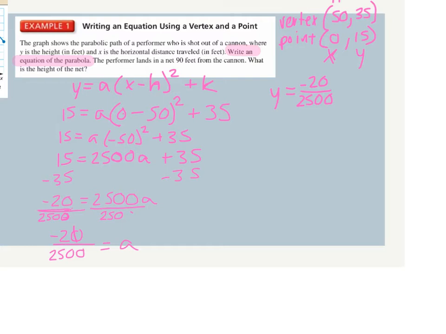Negative 2 over 250. Can we simplify it more? Does 2 go into 250? 1 over 125. Perfect. Negative 1 over 125.